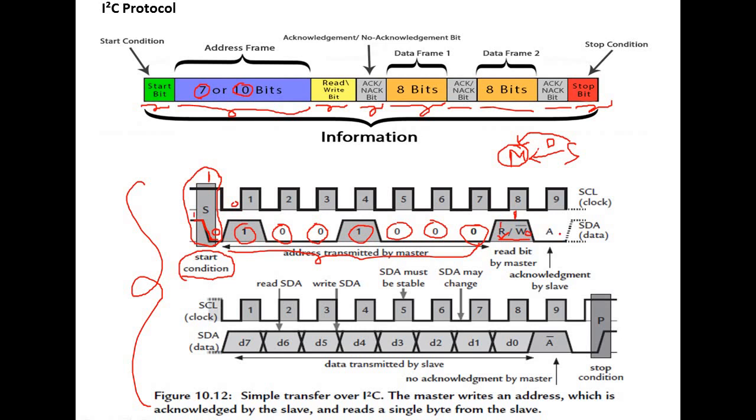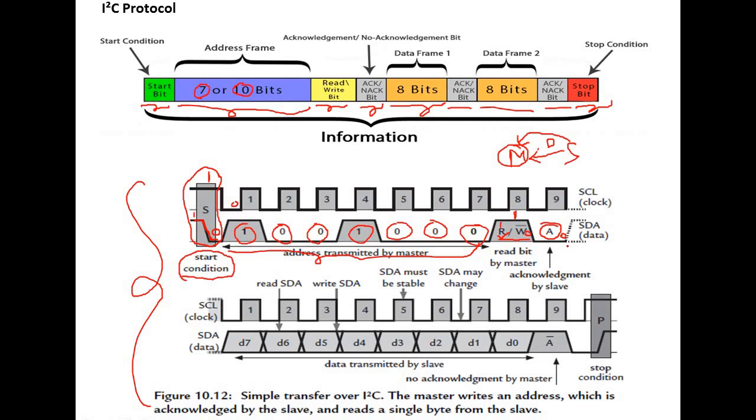The next bit, the 9th bit, is the acknowledgement bit, which is low and is sent by the slave that recognizes its address. The master sent the 7-bit address. If the slave is present and recognizes that address, it makes the line low, indicating with the acknowledgement bit that it is there to transfer the data.